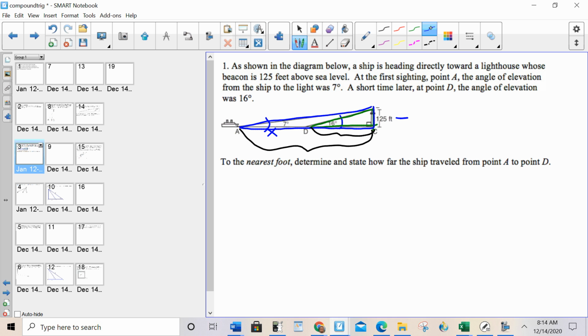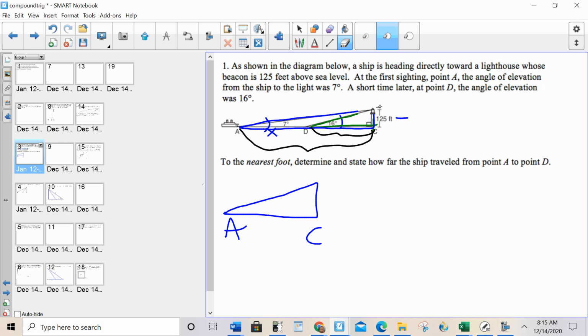I'm going to separate my triangles to make this a little bit easier. So my big one is A, C, I don't even know what letter's up top there. There is no letter up top there. That's just my lighthouse. I just won't give it a letter.